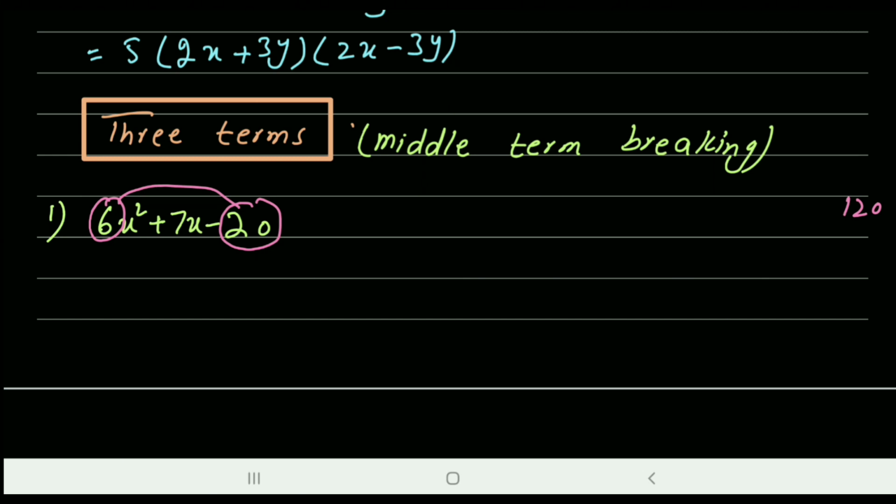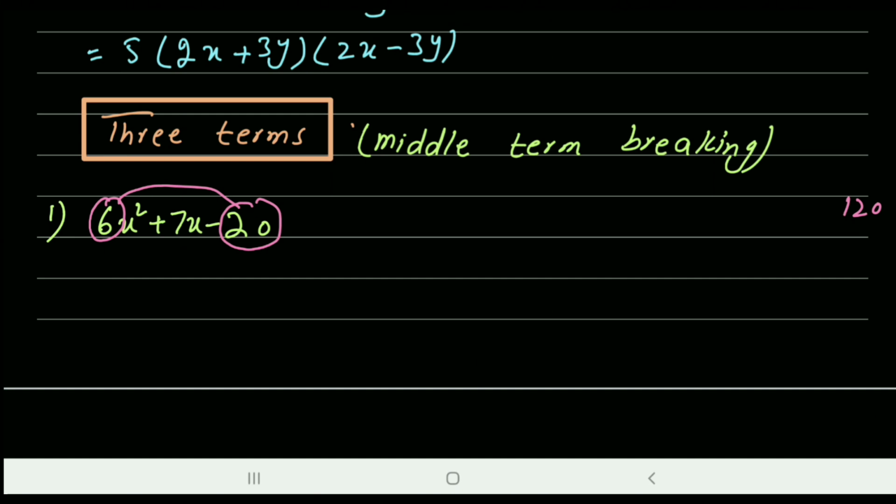So 120 is the number for which you have to find the factors. First of all you can write all factors of 120 and you have to select the factors such that by adding or subtracting them you will get 7, that is the middle term.